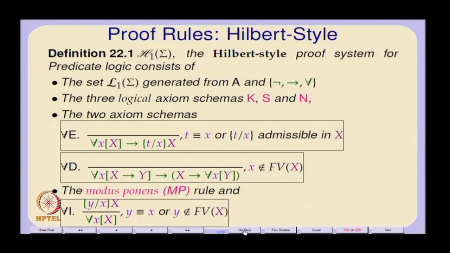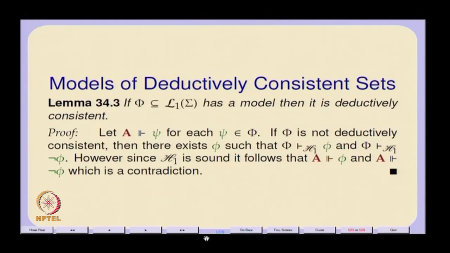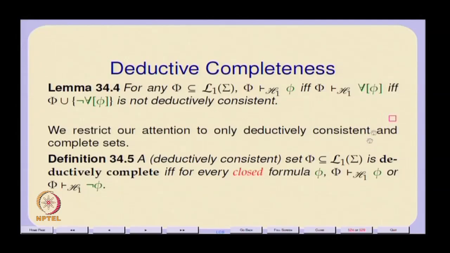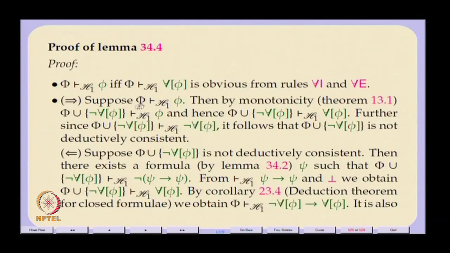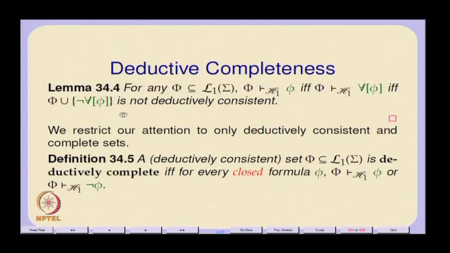Now what we are going to show is that Phi union negation of the universal closure of phi is not deductively consistent if and only if phi is provable from capital Phi. That is what you are going to prove.